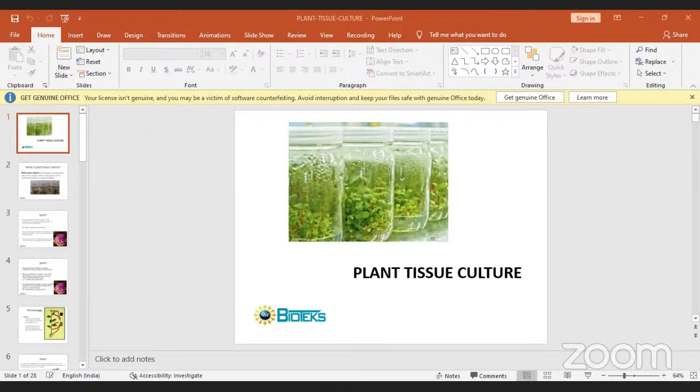So history. Tulecke in 1953 first observed that the mature pollen grains of Ginkgo biloba, a gymnosperm member, can be induced to proliferate in culture to form a haploid callus.